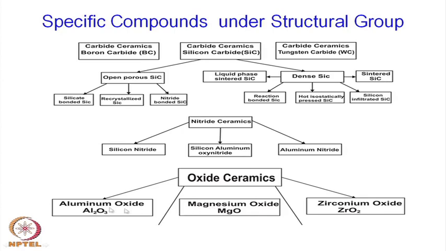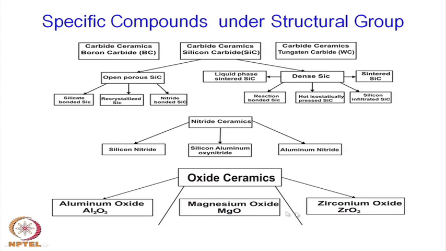There are oxides, no doubt. Here are some pure oxides: aluminum oxide, magnesium oxide, zirconium oxide. I have just mentioned them because of their toughness, and these are insulating materials and fairly strong and cheaper materials, mostly available from nature.